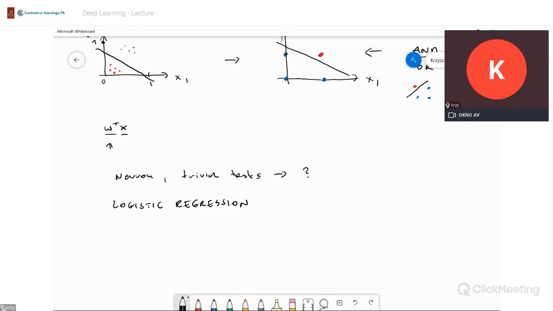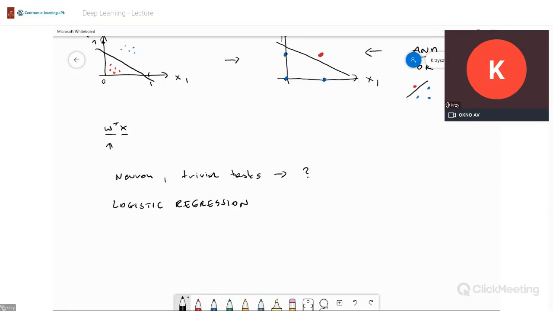We are just computing a dot product, wrapping this dot product in a logistic function, and depending on the location of a point with respect to parameters, we could make a decision whether this point lies above a line or a hyperplane, or below. So we were able to make a decision to which class this point belongs. And we were able, obviously, to find parameters of this hyperplane or of this line.